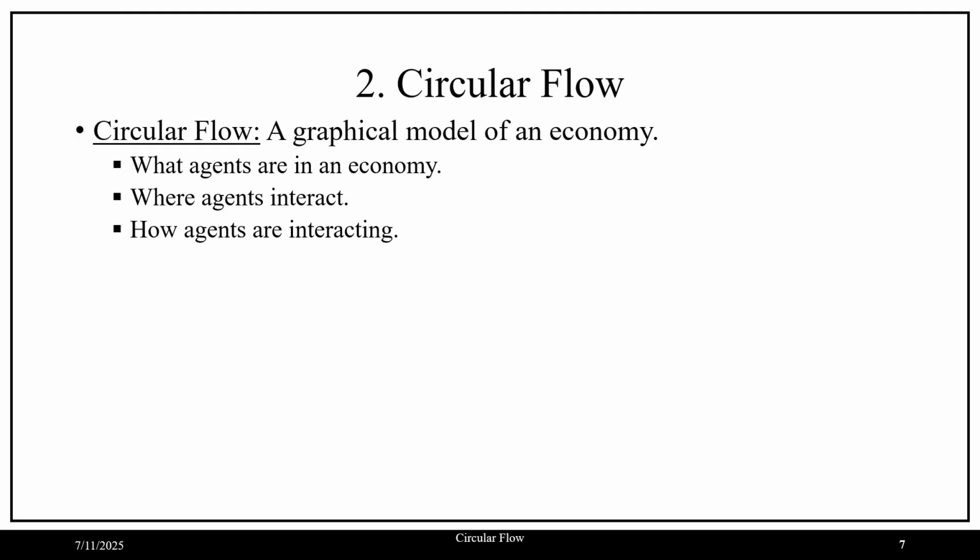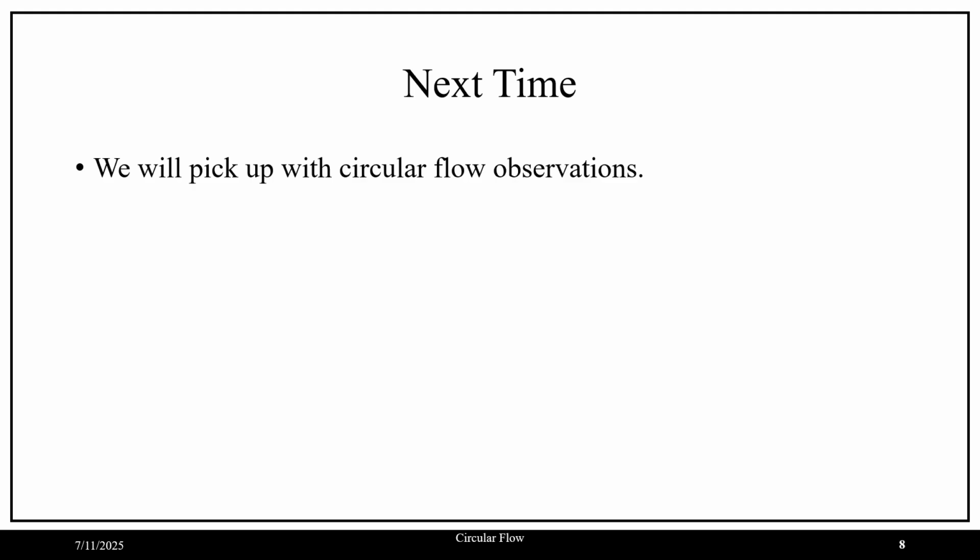It shows what agents are in an economy, where for us, that's going to be the rest of the world, consumers, firms, and a government, where those agents are interacting, which are going to be markets, institutions that bring buyers and sellers together. And for right now, a product market, a factor market, and a financial market is what we need, and how those agents are interacting. Are they a buyer or a seller in that market? With all this in mind, we'll pick up looking at the circular flow a bit more next time.